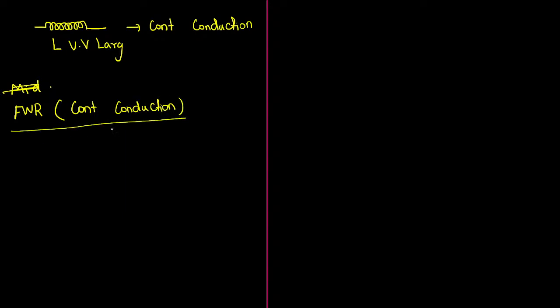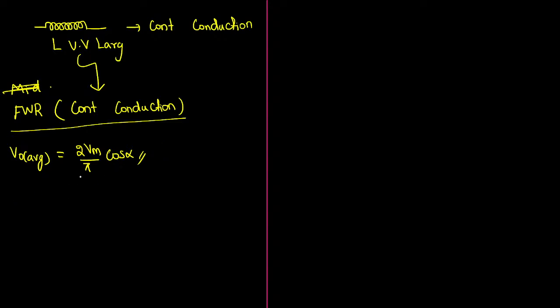If they mention continuous conduction, which is indicated with the help of a large value of inductance, then for the full wave rectifier, irrespective of the nature of the load, whether R load, RL load, RLE load, whatever it is, you can directly write the general formula 2 Vm by pi cos alpha. So the general formula is 2 Vm by pi cos alpha, a generalized formula for all types of load. They won't give what type of load they are using.